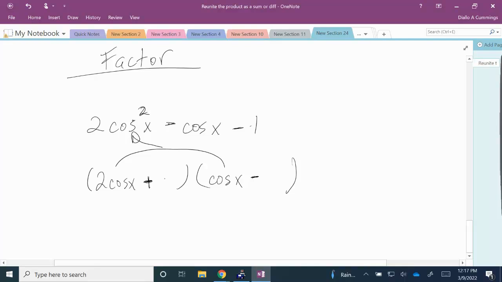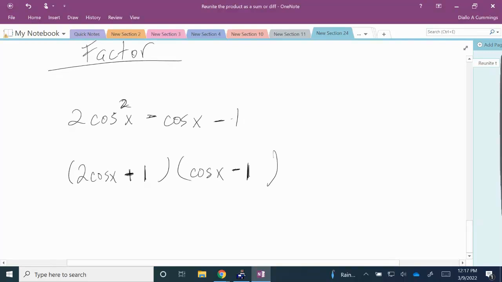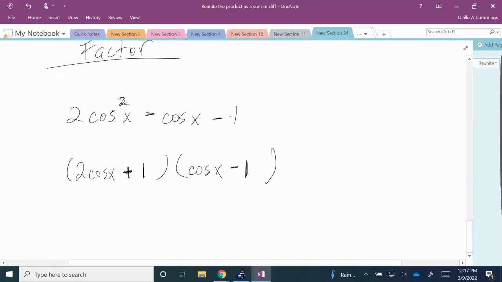So for this instance, I'm just going to put in a 1 and a 1. I'm just going to check this to see if I get what I need. If we use the FOIL method, 2 cosine x times cosine x is 2 cosine squared x.